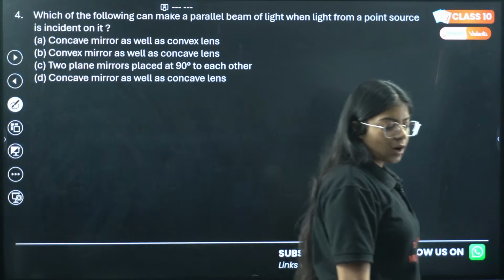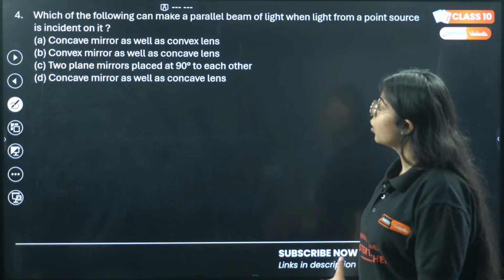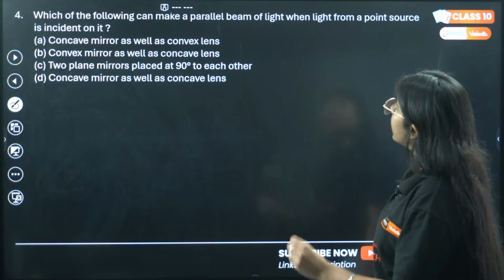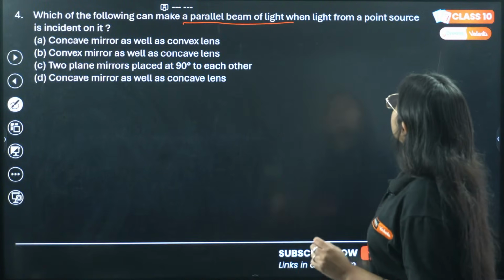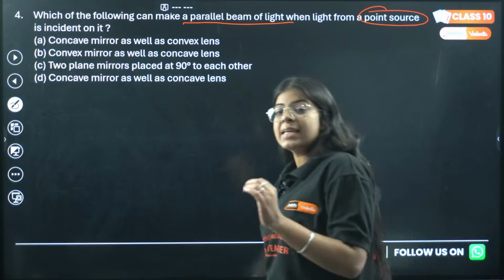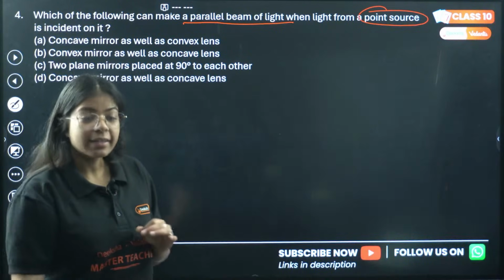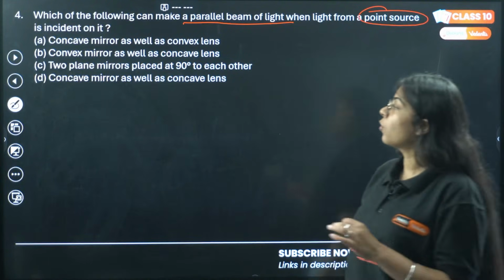Okay, let's move on to the next question. It says, which of the following can make a parallel beam of light when light from a point source is incident on it? Read it carefully. When light from a point source is incident on it.